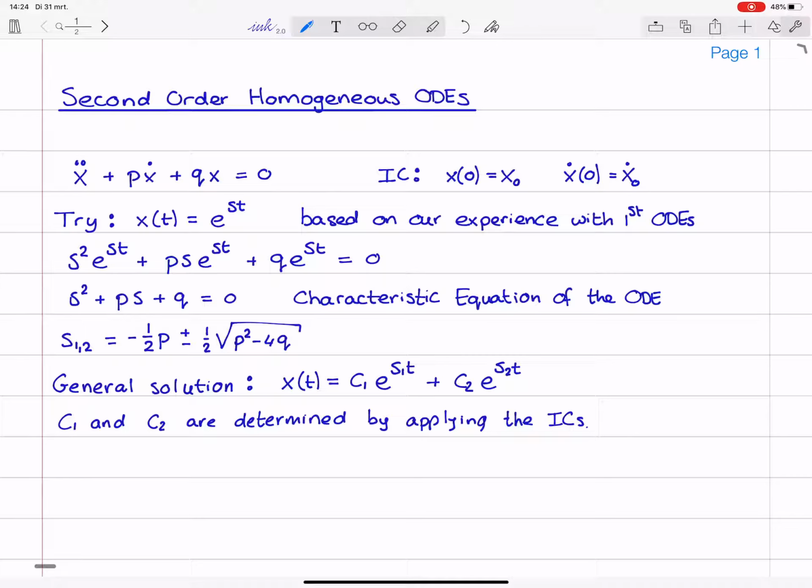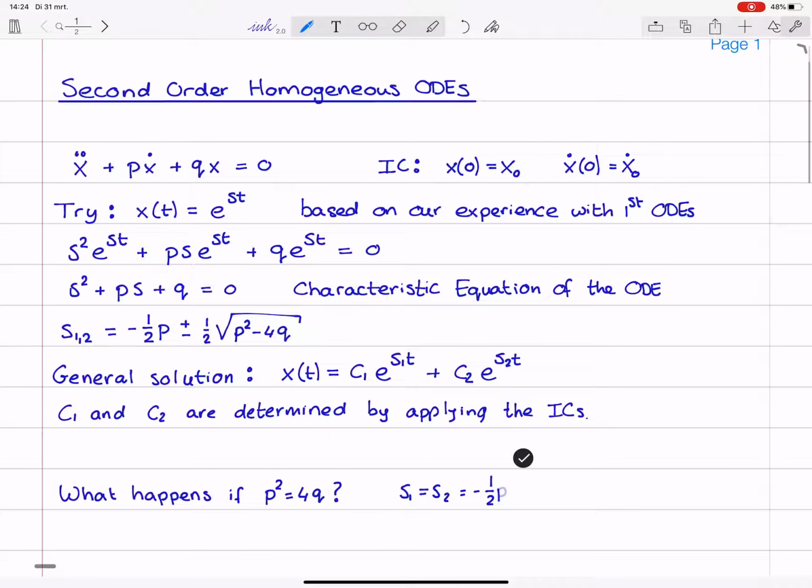This will work. We have to, however, address one very inconvenient situation, and that is what happens when in the roots for s there's this square root. What happens if p squared is equal to 4q? What you see then is that this term underneath the square root is 0, so that both s1 and s2 are equal to minus a half p.